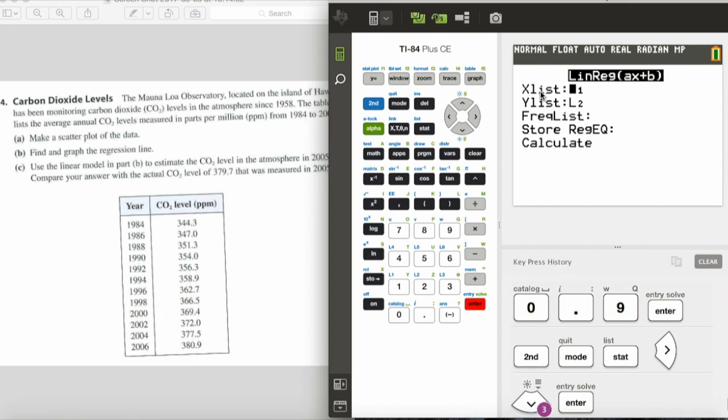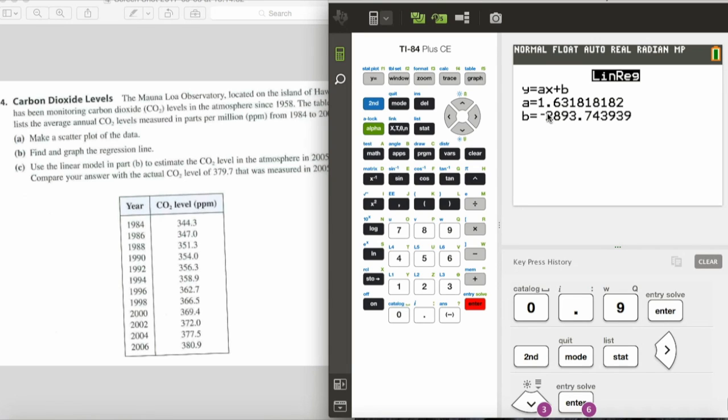So I can arrow down or hit number 4. My X data is in list 1, my Y data is in list 2, and I can go down and calculate the equation for the line of regression, given that A is the slope in front of X, mx plus b. B is the y-intercept, implying that at year 0 we had a negative CO2 level, which is of course impossible.